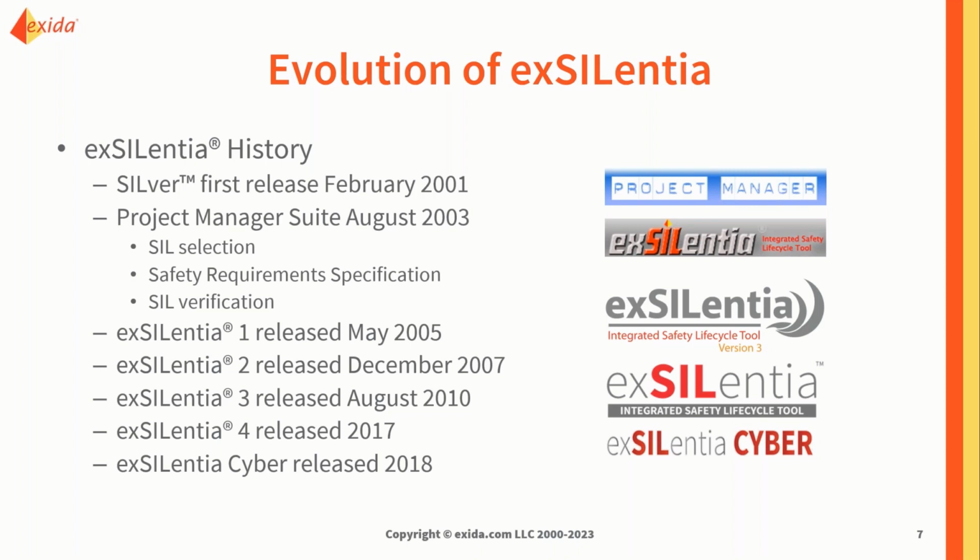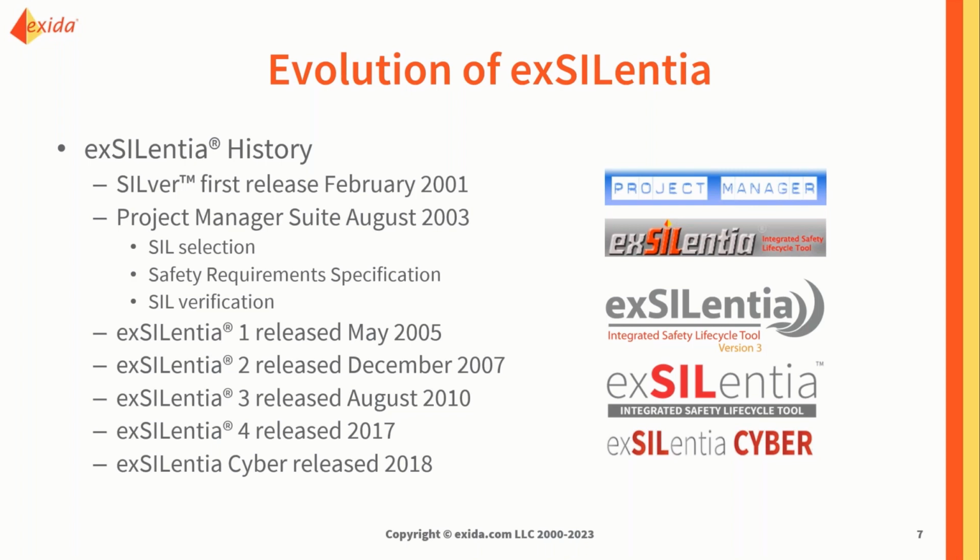And so in that time period where we were working on developing and releasing exSILentia 4, there were significant updates to the PHA module, and we started to look at what really went into and what was involved in the cybersecurity risk assessment, and what needed to be done to line up with the drafts of IEC 62443-3-2, what needed to be done with the different industry best practices and the methodologies that were being developed at that time.